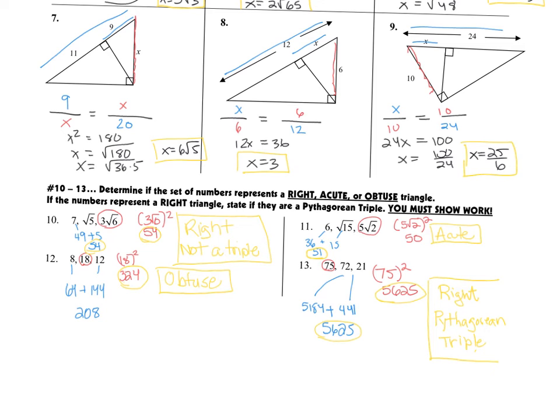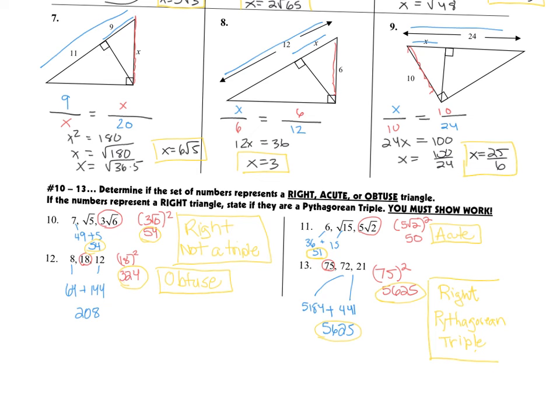If we look at number 12, 18 was the largest side, so I squared it. Then I squared the other two sides, added those together, and I got 208. And since this was larger than this, then this triangle is obtuse.